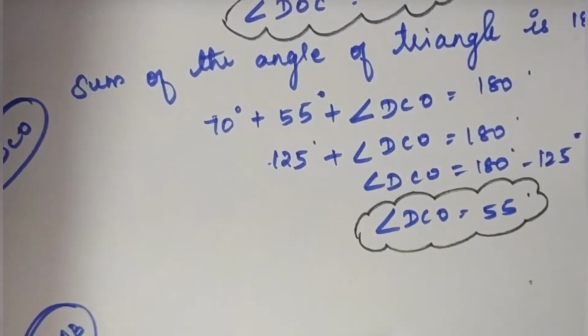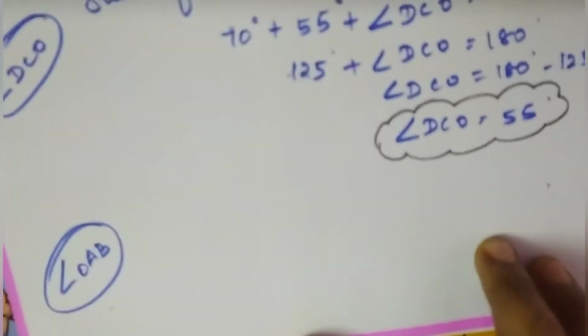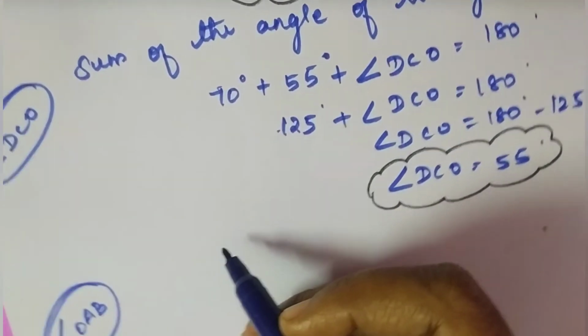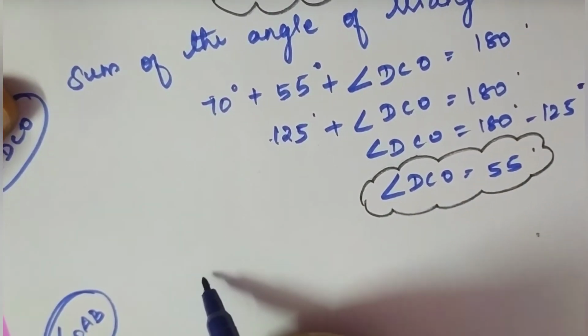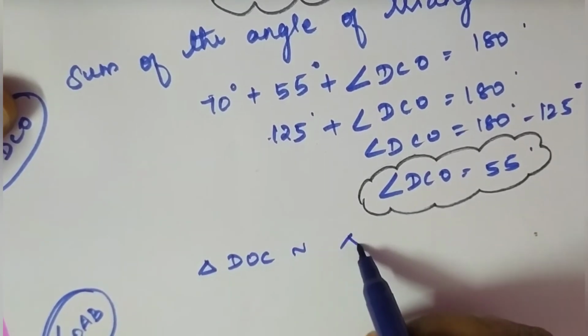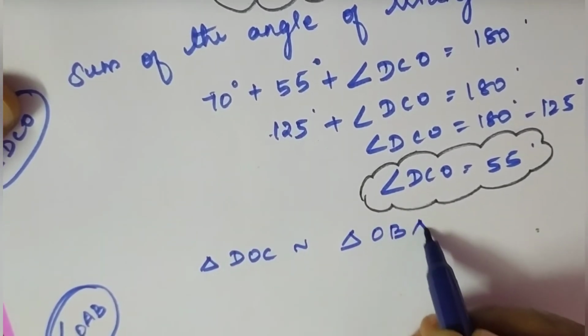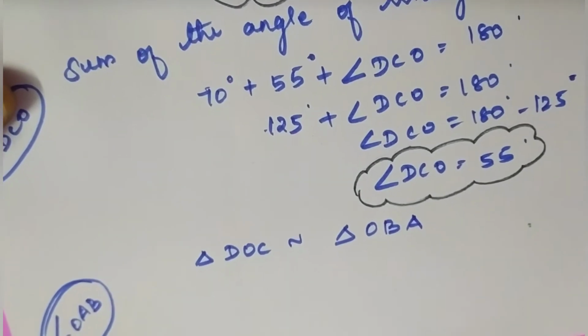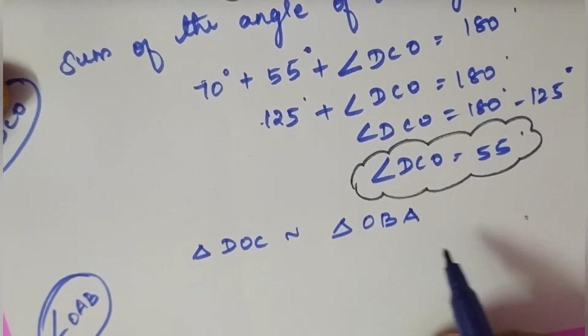Since what is given in the question, triangle DOC is similar to the triangle OBA.